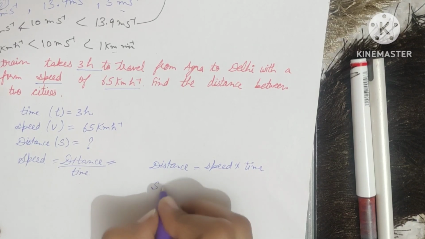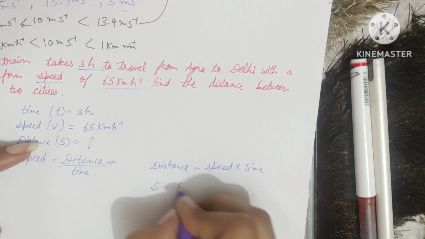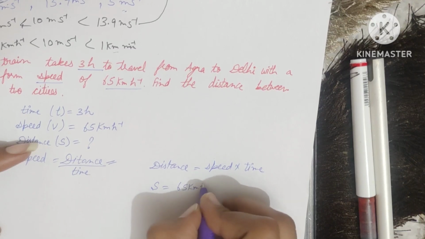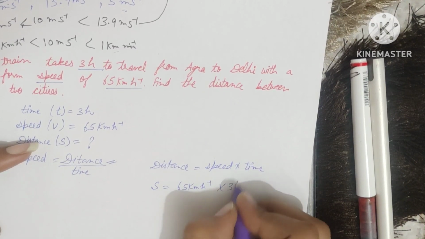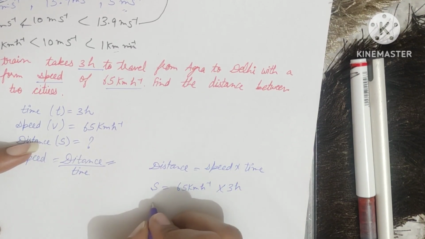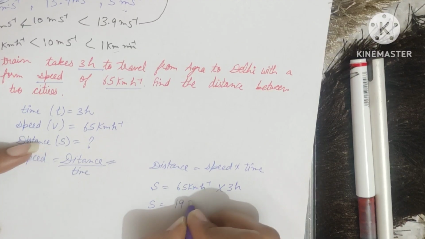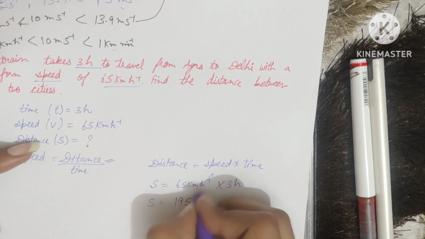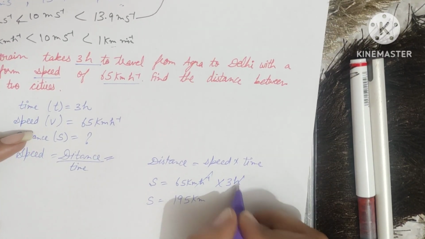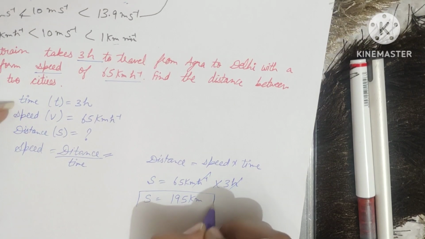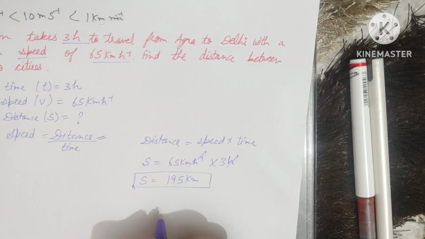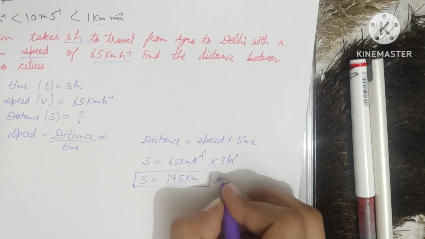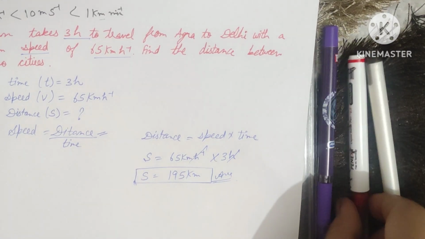So S is equal to, the value of speed is 65 kilometer per hour into 3 hour. That is 195. Kilometer per hour will cancel down with this hour unit. So the distance is in kilometer, that is 195 kilometer. This is your answer.